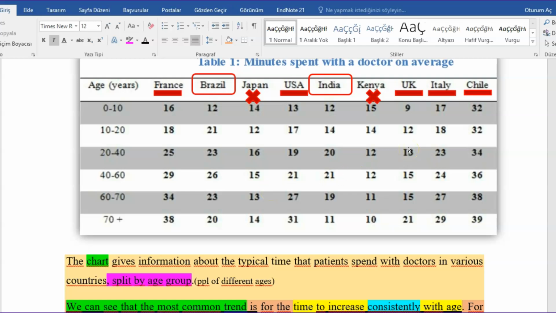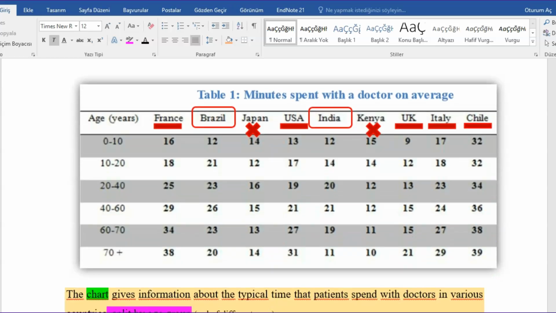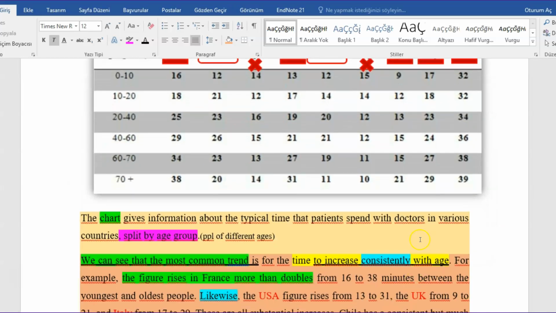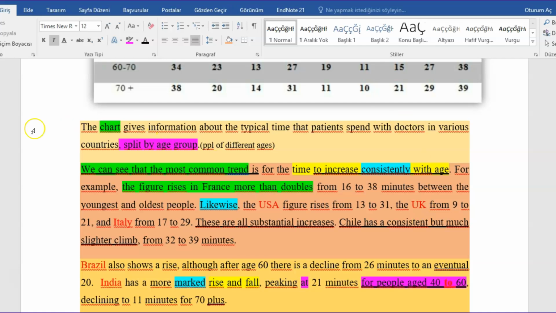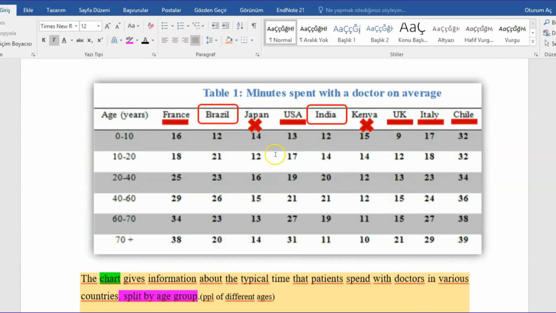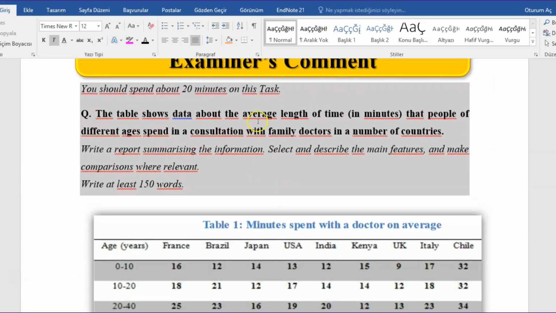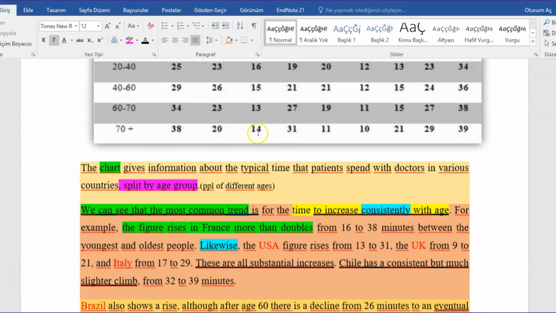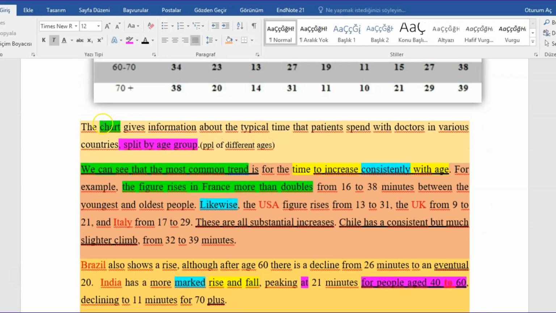Let's start and write our introduction paragraph and paraphrase the question. The question shows a table, so for all of them we can write chart.